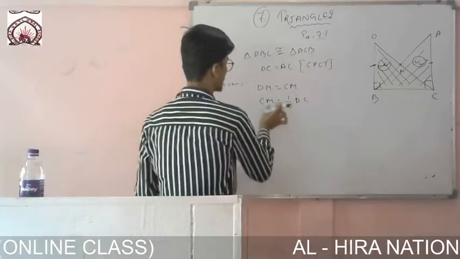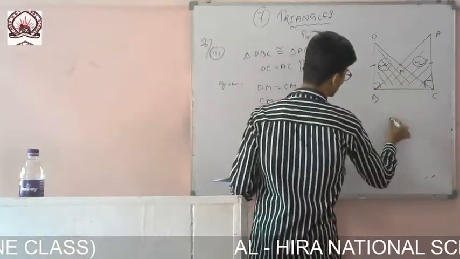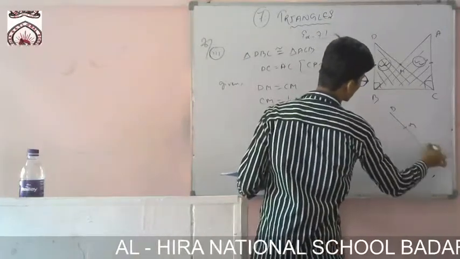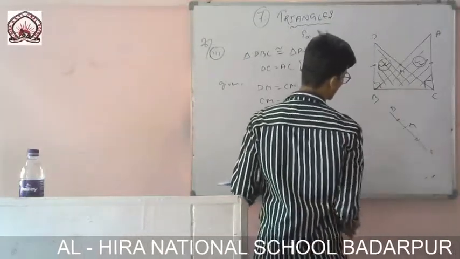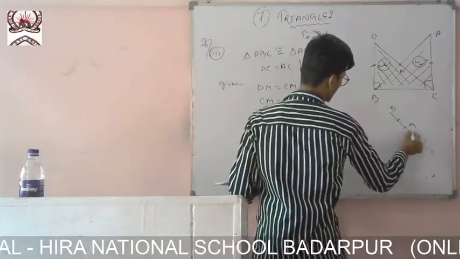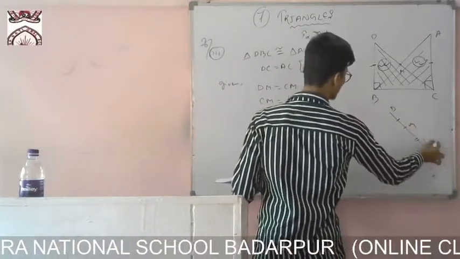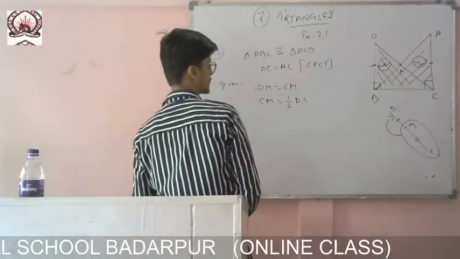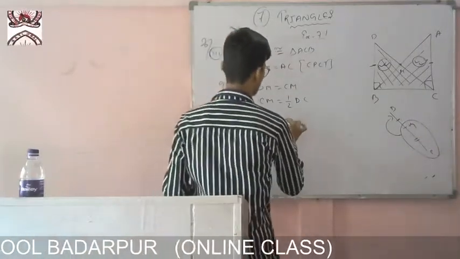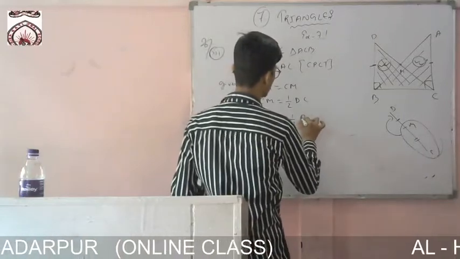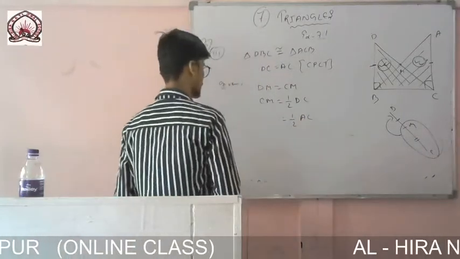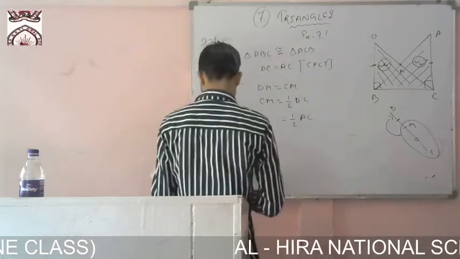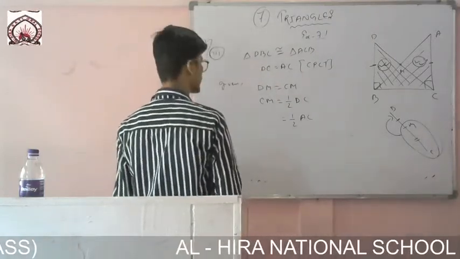If these two parts are equal, as given, DM and CM, then CM is equal to half of this whole one, DC. And just now we have proved DC and AB are the same.